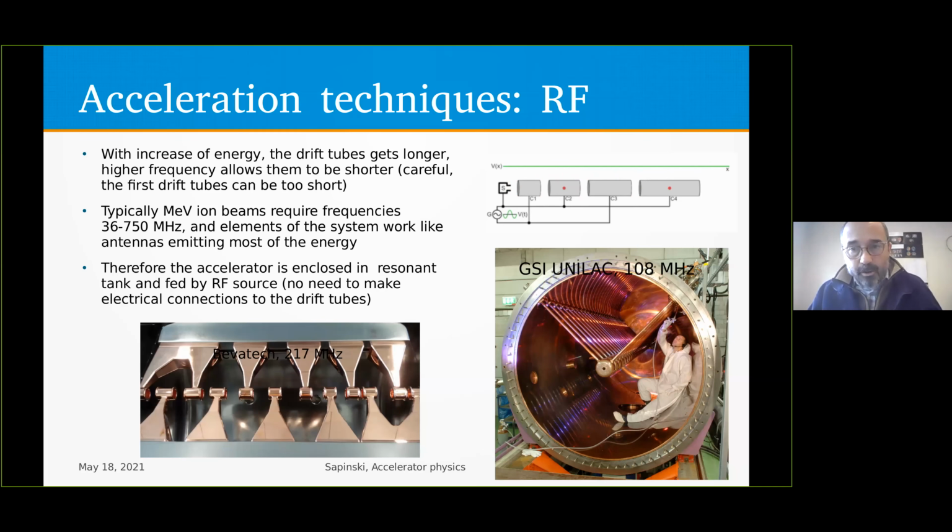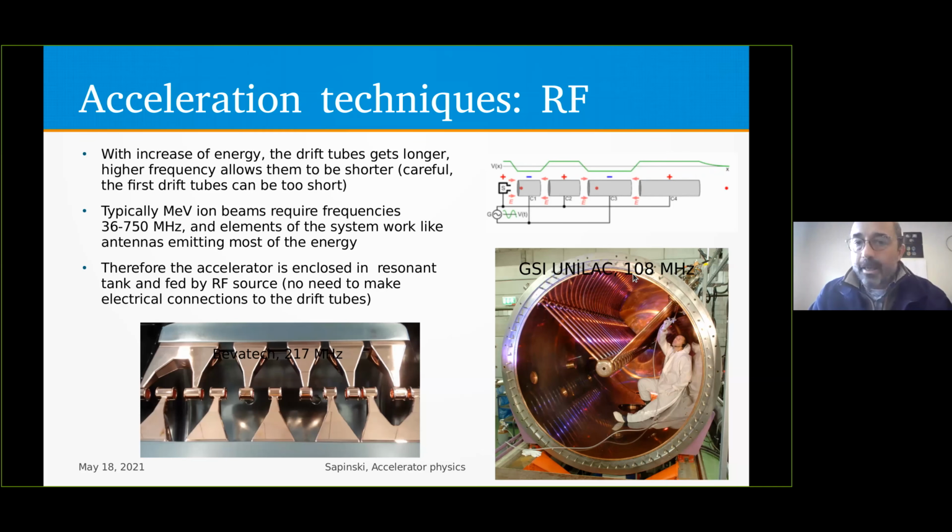This is important because we are talking about hundreds of megahertz. If you switch on your radio, some of the stations are around this megahertz region. So obviously, megahertz waves can travel very far and can be emitted quite easily. So we have to enclose the accelerator in order not to lose all the energy we are pumping in accelerating particles.